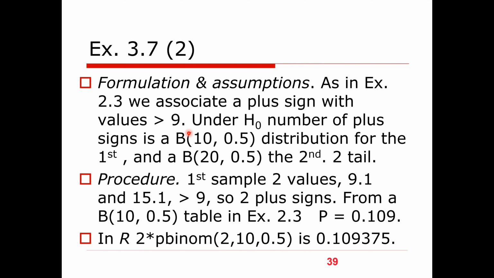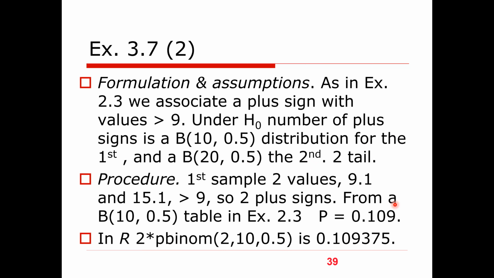As in example 3.2, which we skipped last lecture, we associate a plus sign with values greater than 9. Under the null hypothesis, the number of plus signs is binomial with n equals 10 and p, the probability of each trial, equal to 0.5 for the first sample, and binomial with n equals 20, p still 0.5 for the second sample, two-tailed.